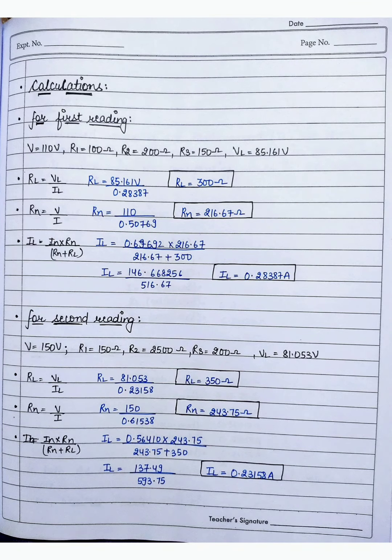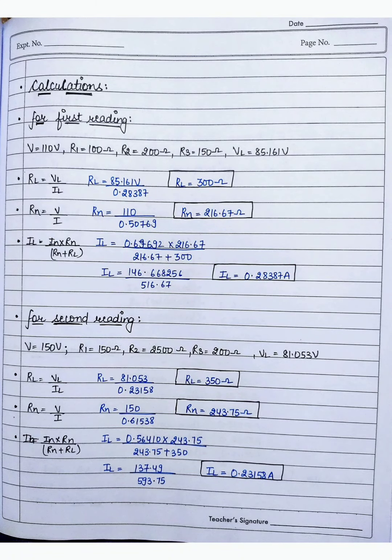Rn equals V divided by I, Rn equals 110 divided by 0.50769, Rn equals 216.67 ohm. IL equals In multiplied by Rn divided by Rn plus RL. IL equals 0.67692 multiplied by 216.67 divided by 216.67 plus 300, IL equals 0.28387 A.